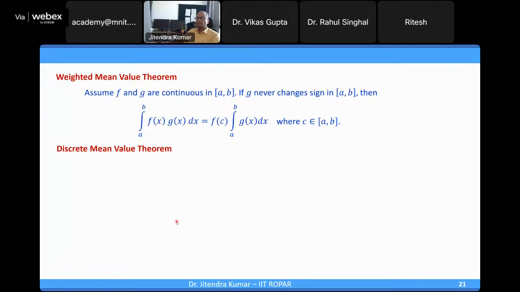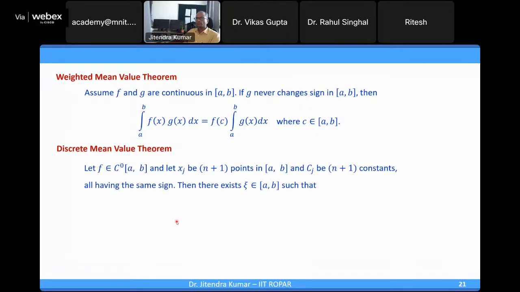And there is a discrete version of this mean value theorem, which says again that f is a continuous function in [a, b], and we have these x_j's in this interval, and c_j's are constants, all having the same sign, so they do not change sign. Then there exists xi between a and b where, instead of this integral, we have the summation over c_j f(x_j). The c_j are not changing sign, just as g was not changing sign.